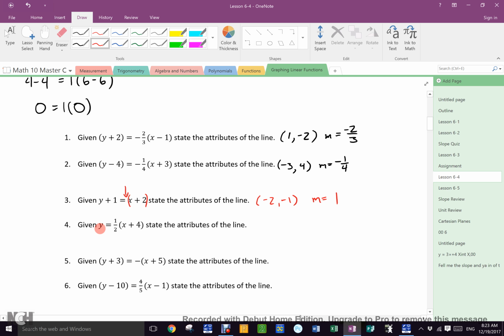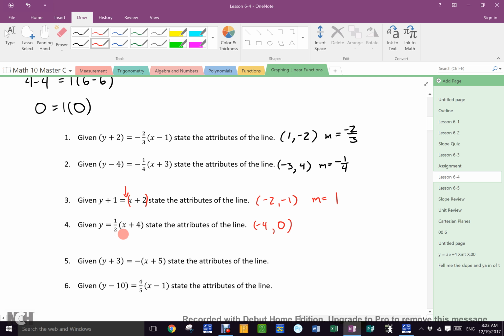What's weird there? There's no number beside y. What number shows no number? 0. So what is the x value I start at? -4. And what is the y value I start at? 0. And that also should tip you off because when y is by itself, right? That's something we know.